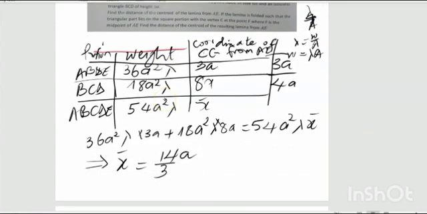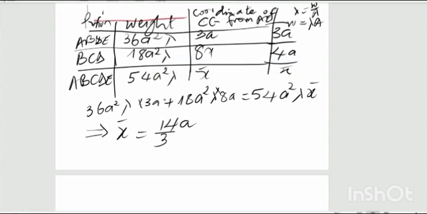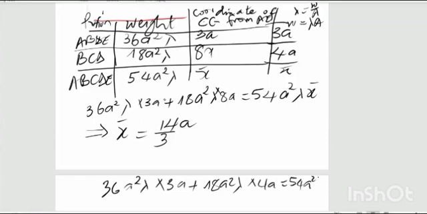So calculating the new center of gravity, which we have as x bar here, it will simply be 36a squared lambda times 3a, plus 18a squared lambda times 4a, all of that being equal to 54a squared lambda x bar.